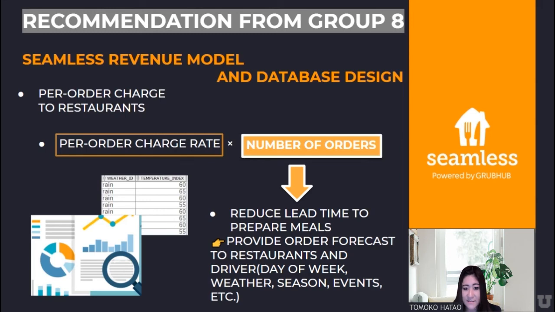Lastly, Seamless could link data for weather, temperature, busy hours, day of week, and holidays to provide demand forecasts to restaurant partners as well as drivers as a competitive advantage to differentiate themselves in the industry.